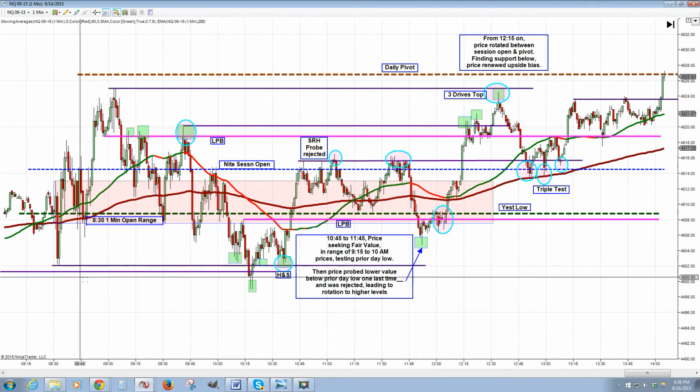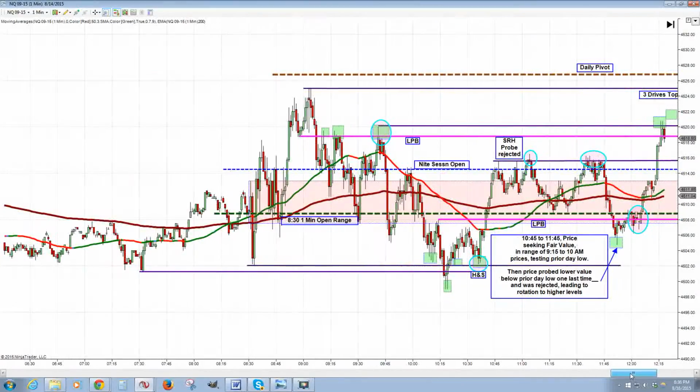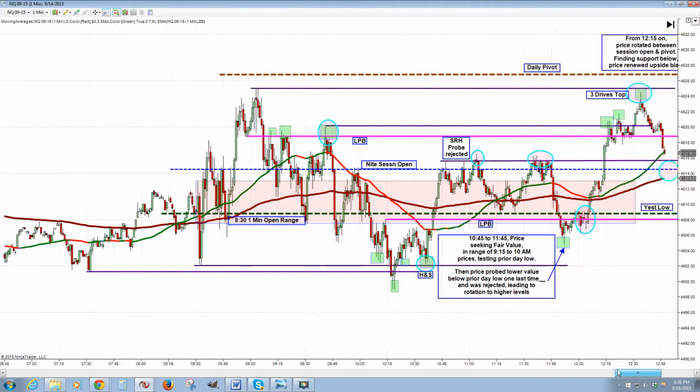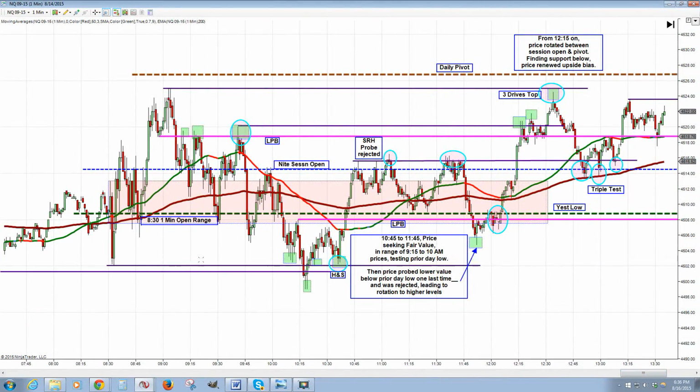So these lines here, this line drawn from the pre-session a little after 7:30, and then it probed down there, came a few ticks from there, around the 8:30 open. And those are important points. And then finally here they had a very significant event. We'll talk a little bit about that.